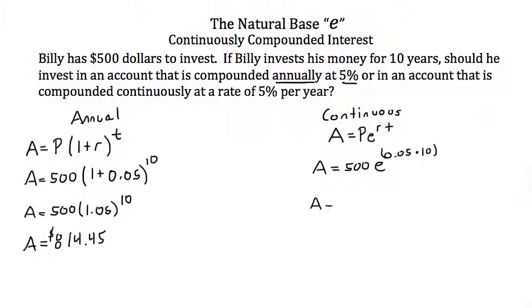So our amount is going to be equal to 500 times e to the 0.5 power. Now 500 times e to the 0.5 is equal to $824.36. So while they're very close, Billy would be better off investing in the continuously compounded account.